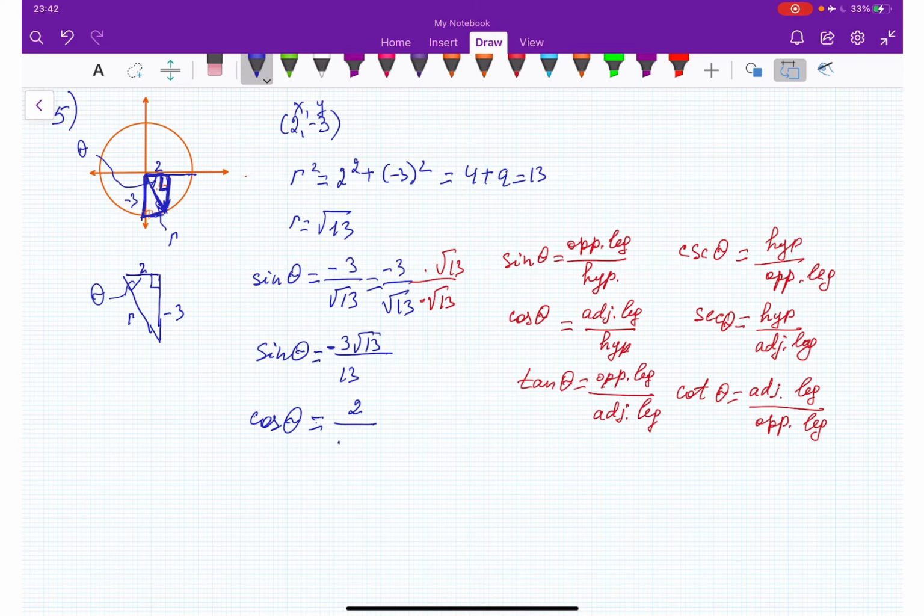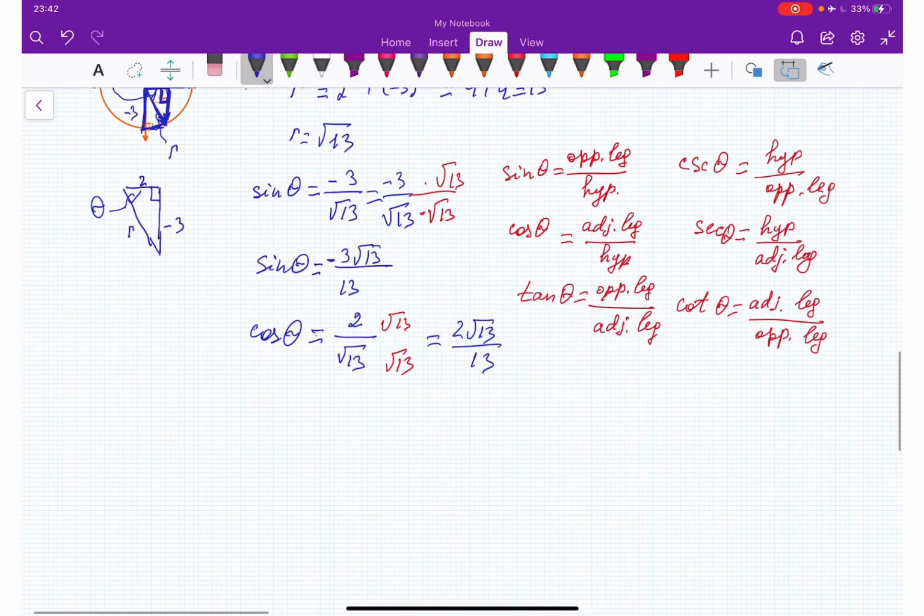Hypotenuse is going to be square root 13. And again, if I multiply and divide by square root 13, I will get 2 square root 13 over a clean 13 without any square root.